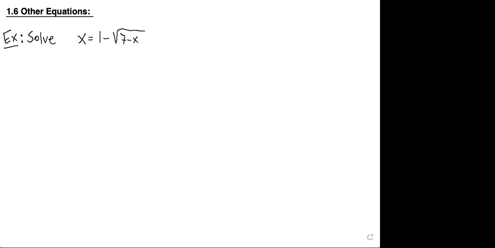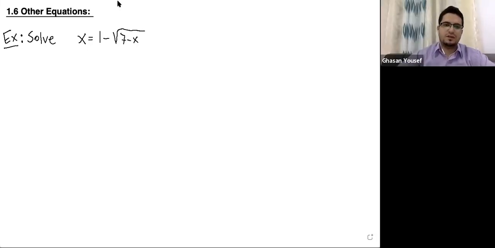Subtract 1 from both sides. Okay, this is correct. When you see something like that, I prefer to make one side the square root and the other side everything left from the equation.